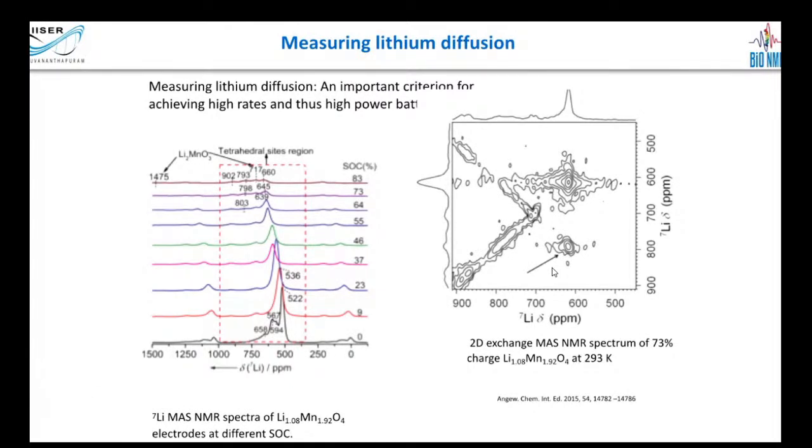So what does it show? It shows that at different points of charge, you would expect the electrodes should not change. But that is not what is being observed. What is being observed is that it is here at first, but as the charging increases, that means you put a lot of current on the cell, and when it reaches 83, it has moved into a higher ppm value.